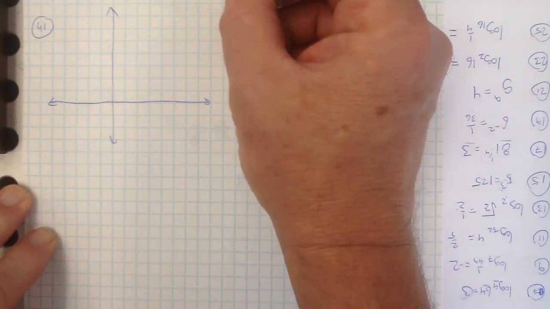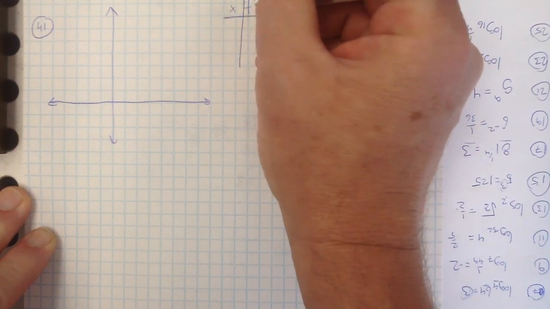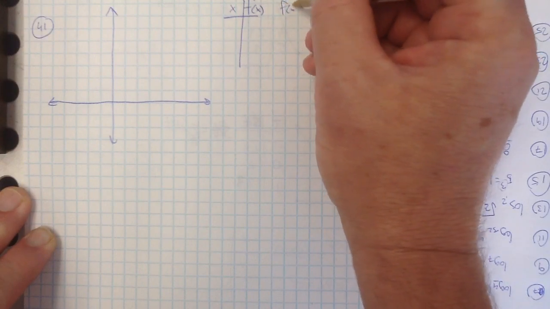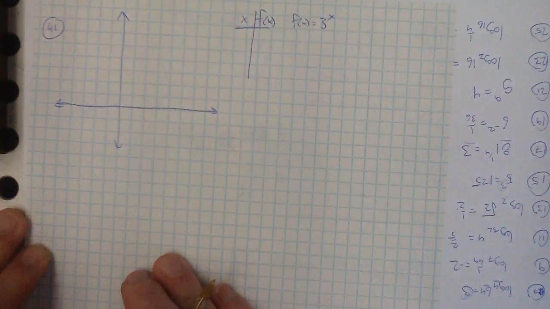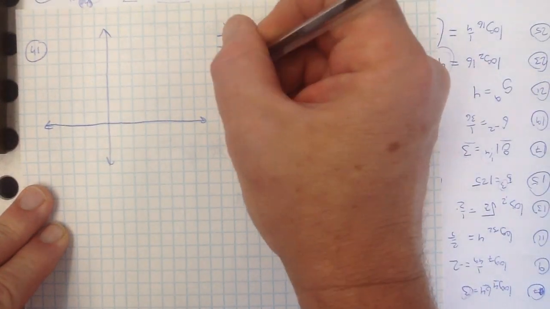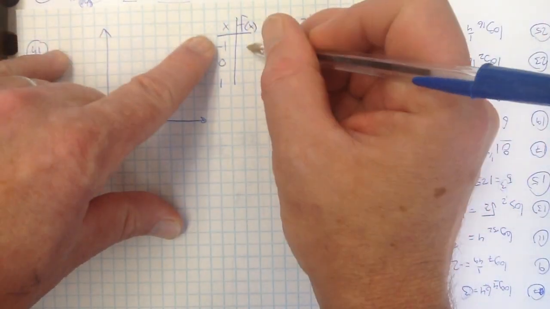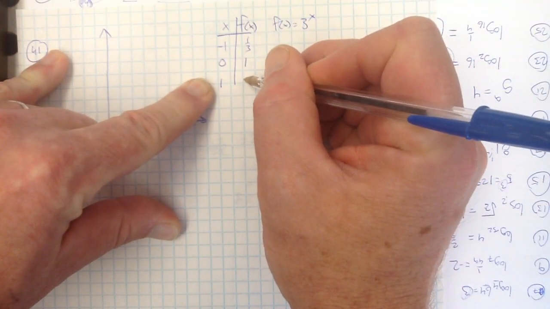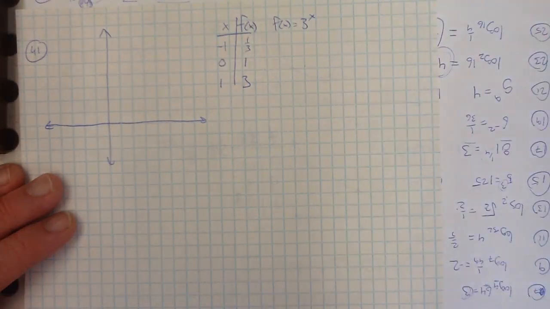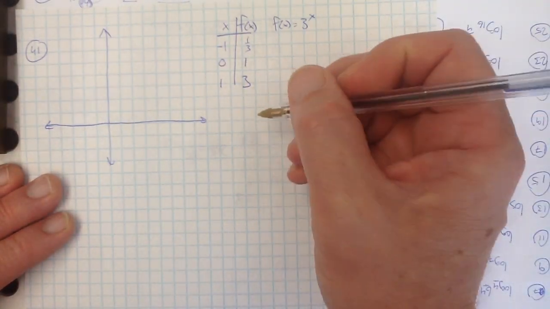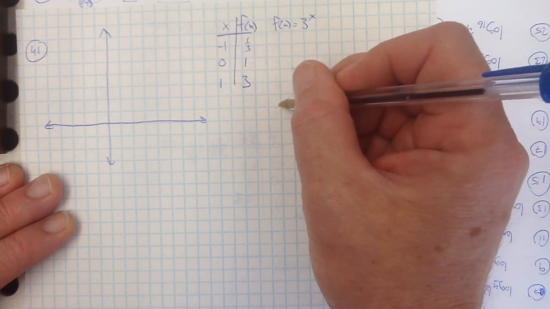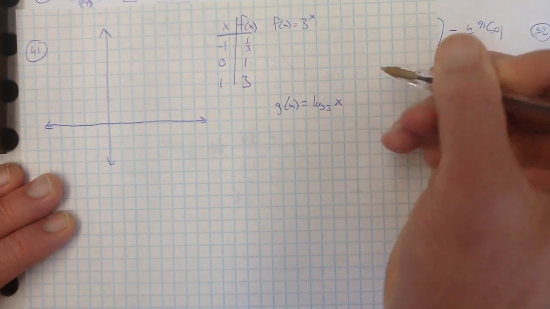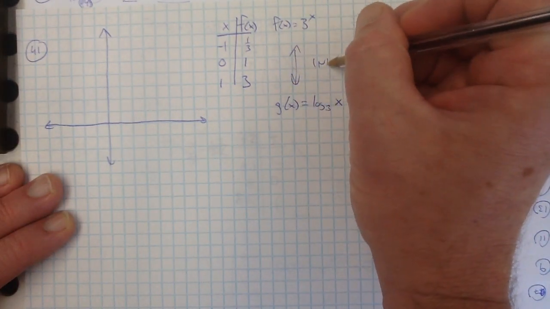So if you know, like from the last section, what the graph of 3 to the x looks like, 3 to the negative 1 is 1/3, 3 to the 0 is 1, 3 to the 1 is 3, then your logarithmic, the points on the logarithm function, the inverse of that is log base 3 of x. These are inverses.